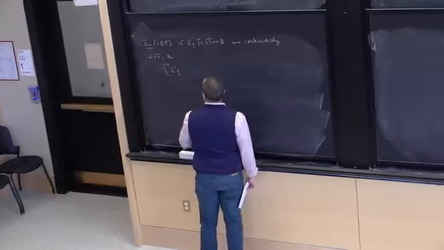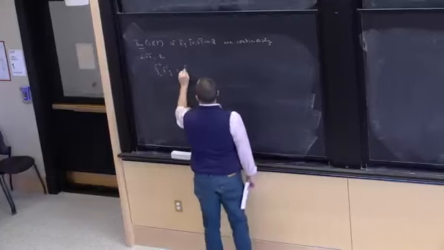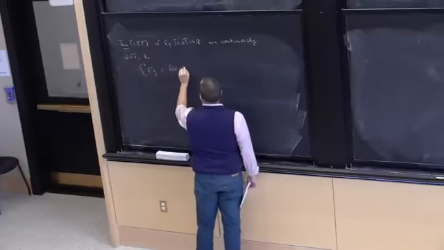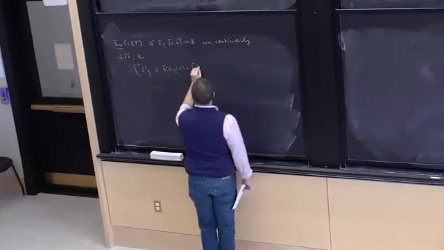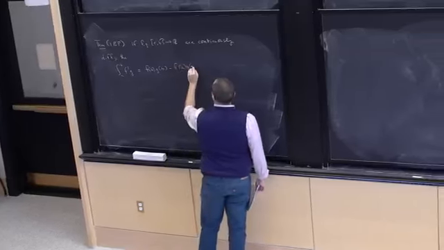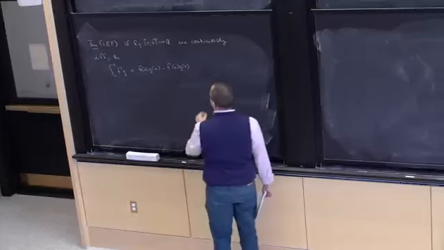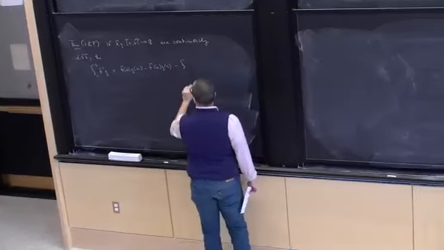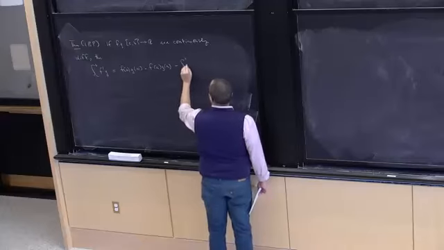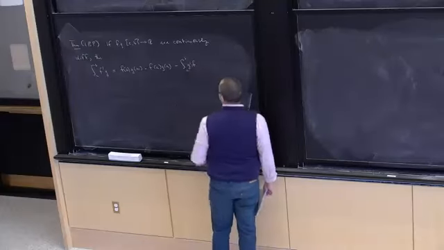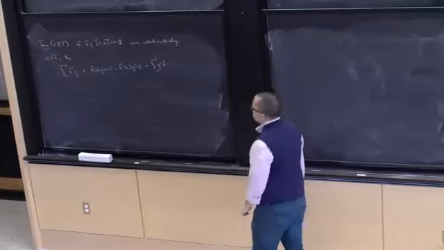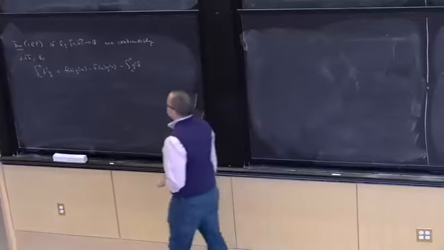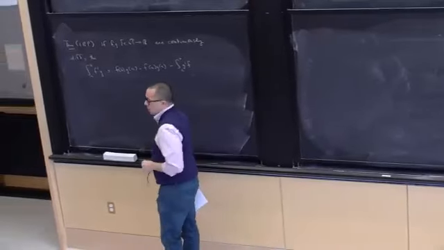The integral of f prime times g is equal to f of b, g of b, minus f of a, g of a, minus the integral from a to b of g prime f. Okay, so I can shift that derivative over from f to g.